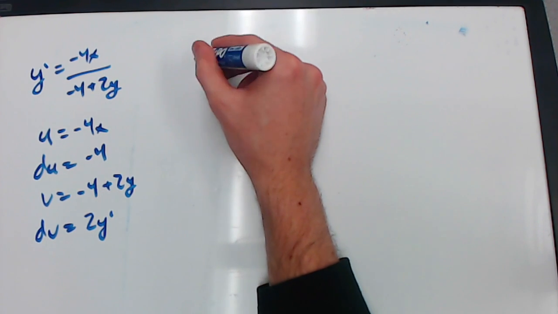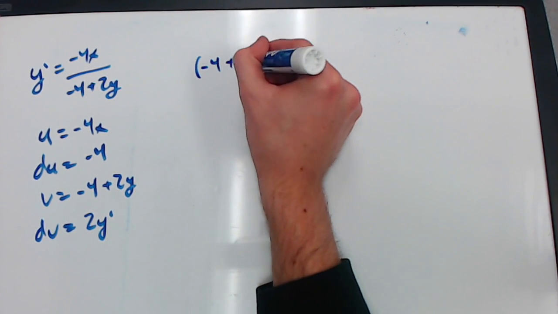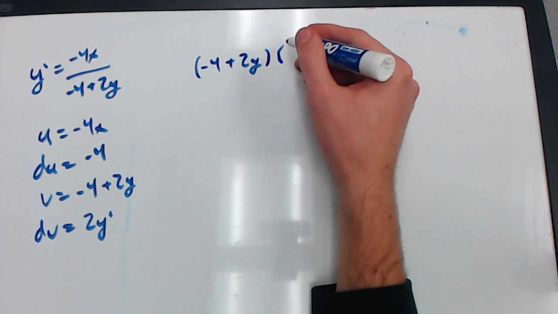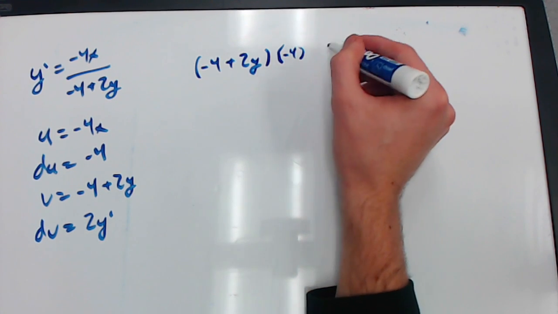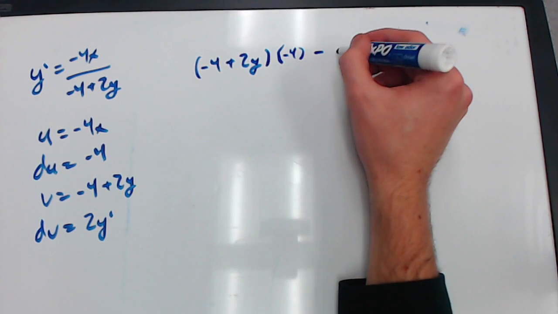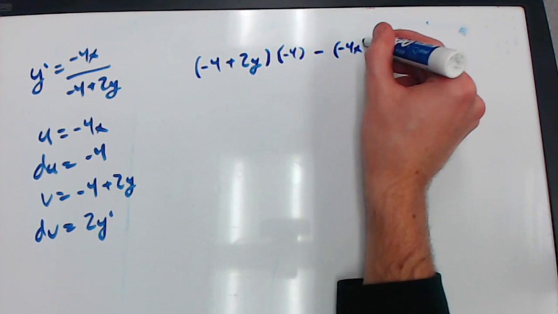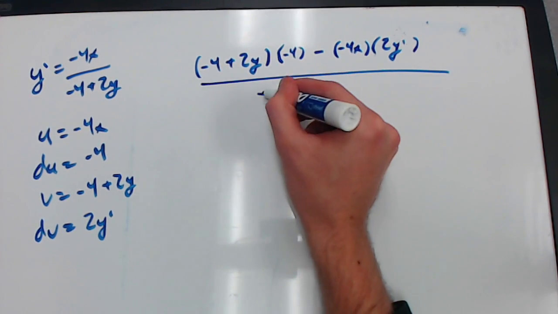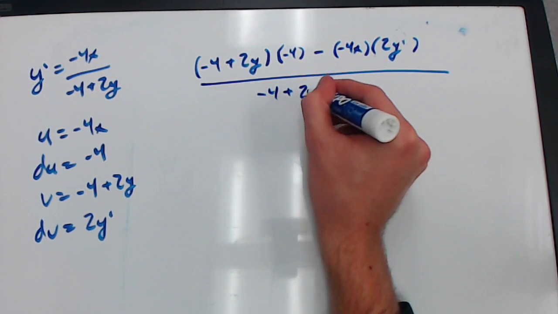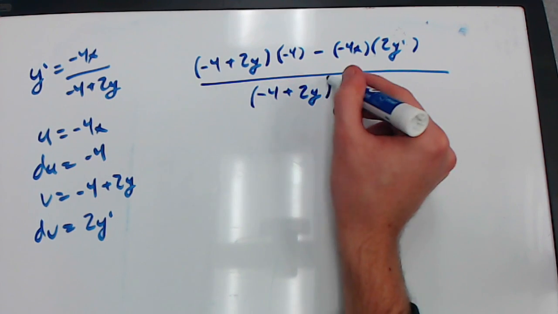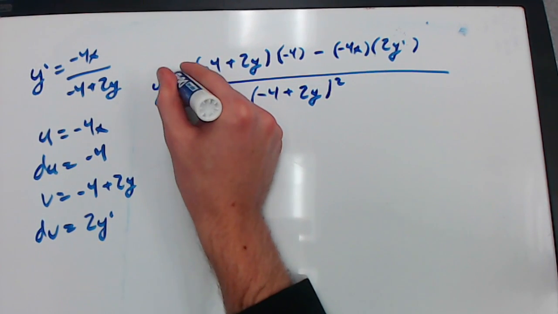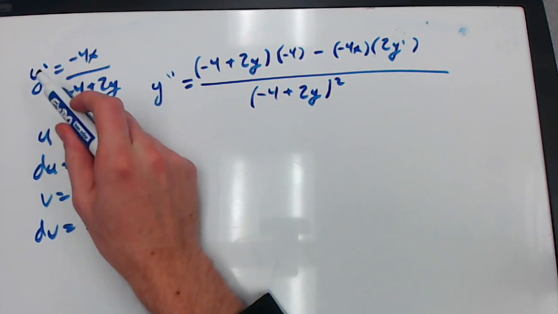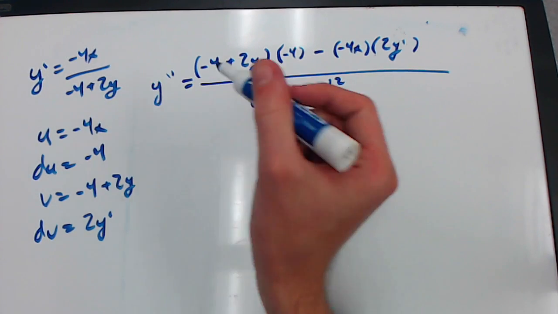So using that information, we have negative 4 plus 2y multiplied by negative 4 minus our negative 4x times 2y prime, all over negative 4 plus 2y squared. And our y double prime is equal to this here, because we differentiated the left side and it became y double prime.